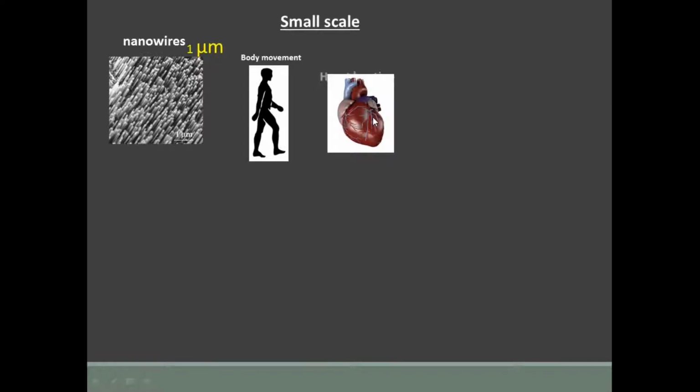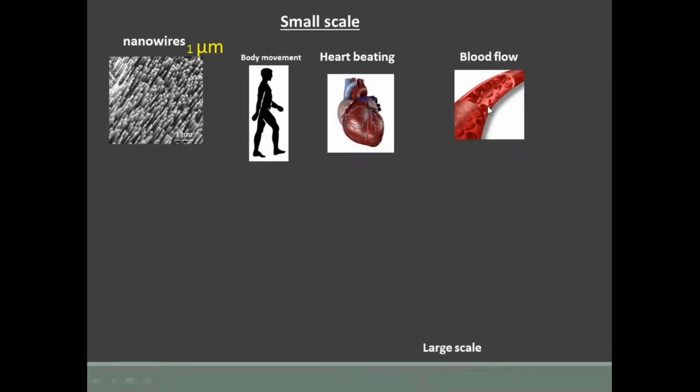The second one is heart beating. Heart beating is a continuous process of a human being as long as he or she is alive. The heart is always beating, and this energy can be converted into electrical energy with the help of nanogenerators. Blood flow is also a continuous process providing continuous energy to produce electricity with the help of nanogenerators.